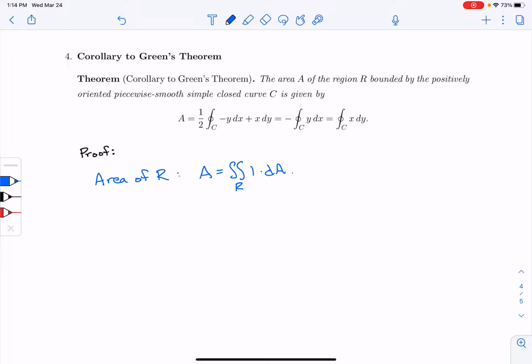We saw this previously: if you integrate the function 1 over a region using a double integral, that should give you the area of that region. So we want to apply Green's theorem, though. We need to apply the right-hand side of Green's theorem to that double integral.